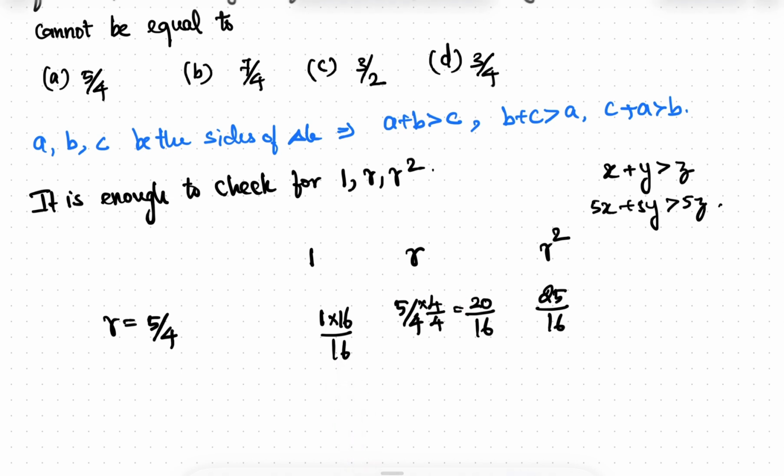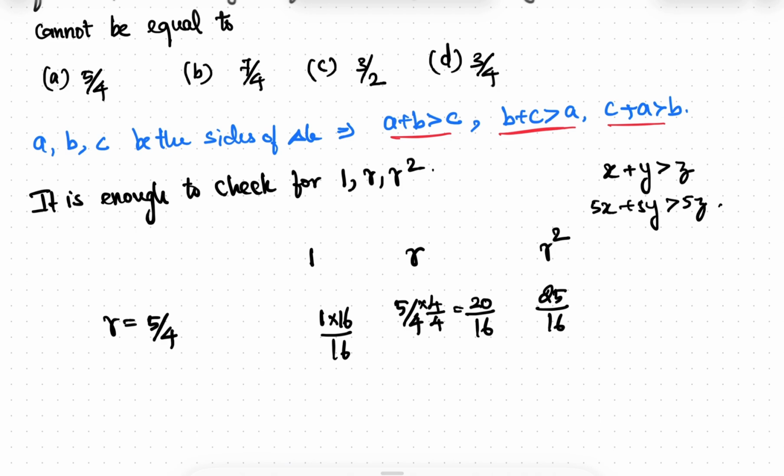When we look at this inequality, we have three conditions, right? But we can actually reduce it to one if we know the greatest side. For example, if your third side is the greatest side, then the third side plus the first side will obviously be greater than the second side, and so on.